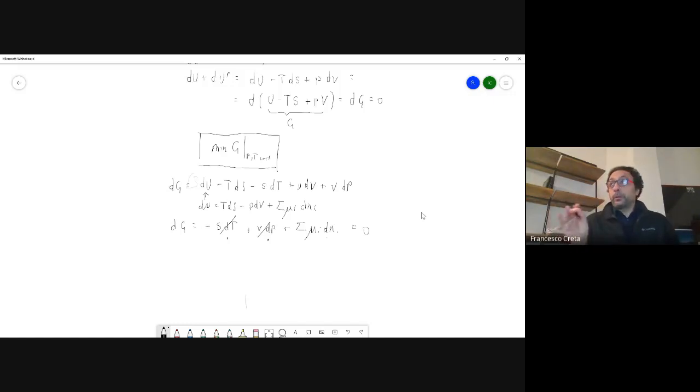They will perturb your composition, so clearly they will introduce a certain dn_i that's not 0. So in general, the change in Gibbs energy, we can express it at temperature and pressure constant always as the sum of the chemical potentials times dn_i. Again, for an impermeable system that doesn't change in composition, this is 0.